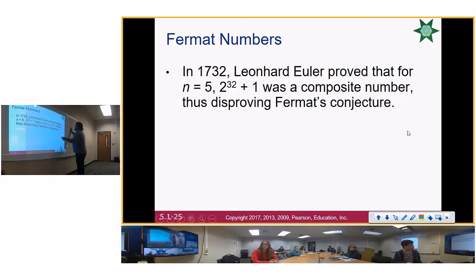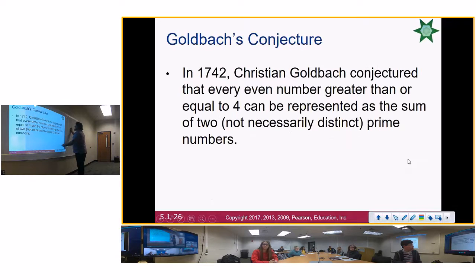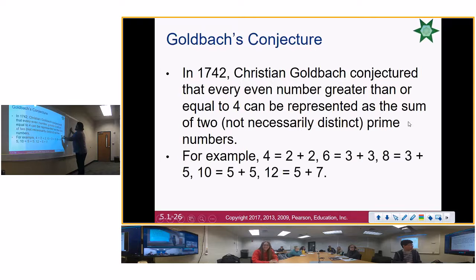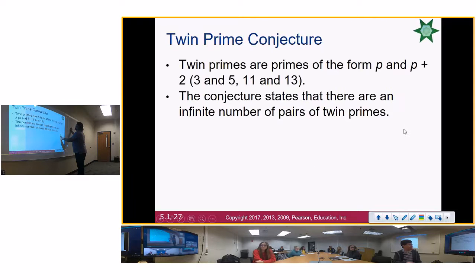Euler, Euclidean geometry, we're not going to get into that. We're not doing that. We're going to 5.3.